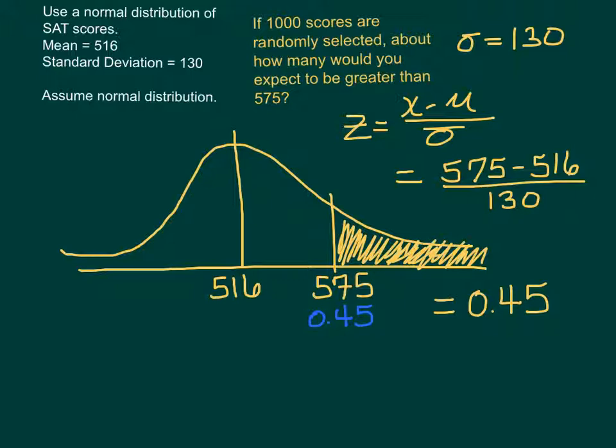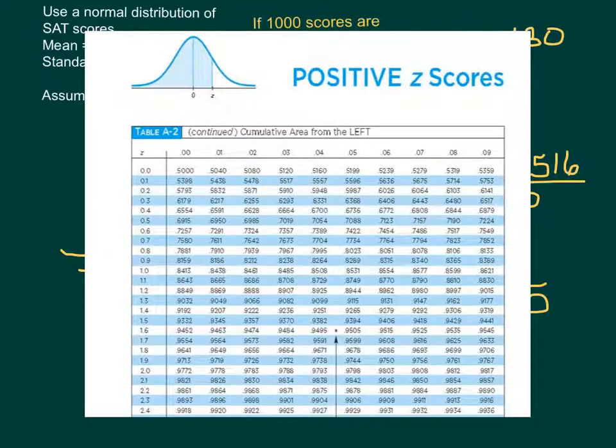So here's our positive z-score chart. Here is the 0.4 row, and come on over to the 5. That tells me that my area is 0.6736.